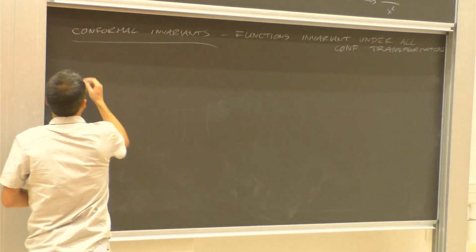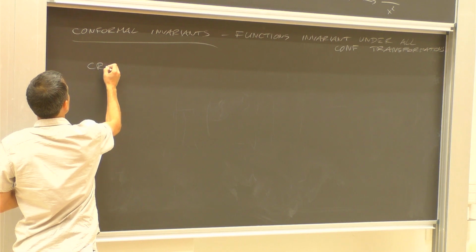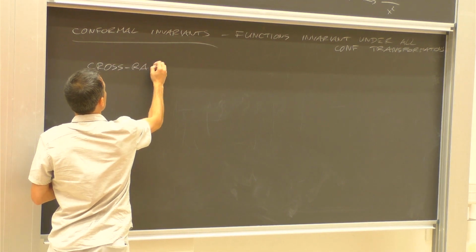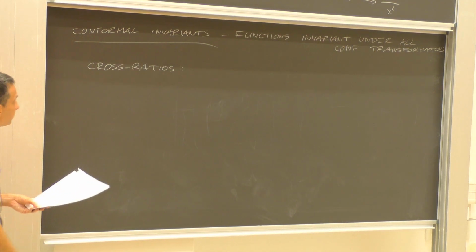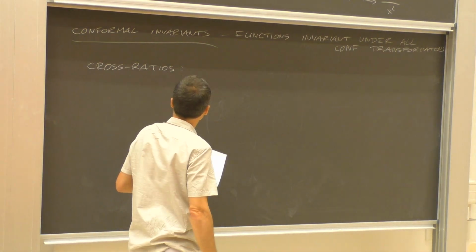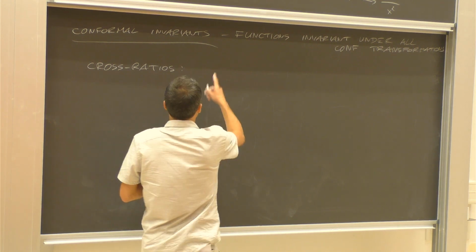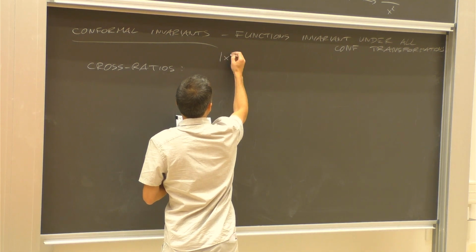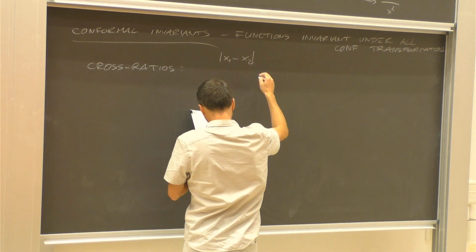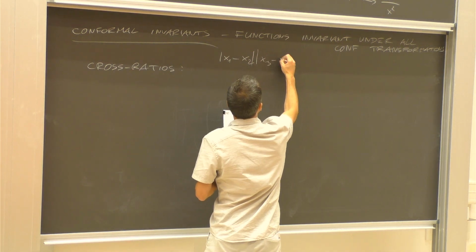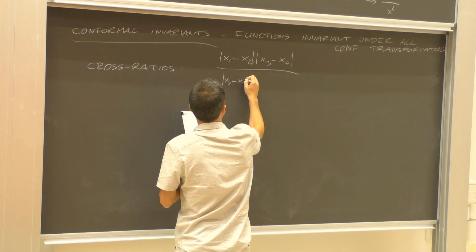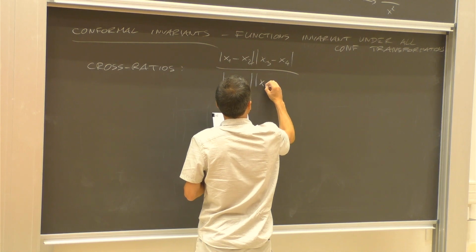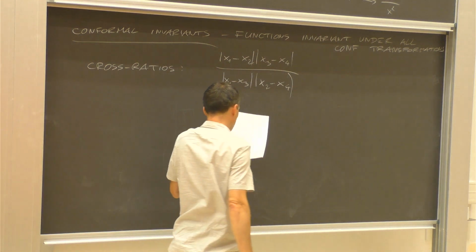And in particular, there is a class of such invariants which are called cross ratios. These are functions of several variables. So, let me just write one example. If we have 4 points, then such a cross ratio looks like this.